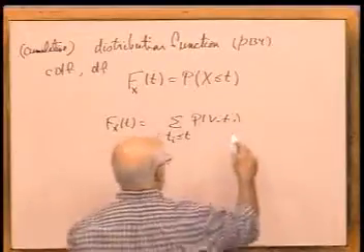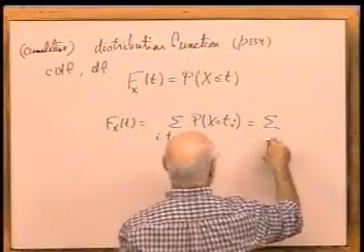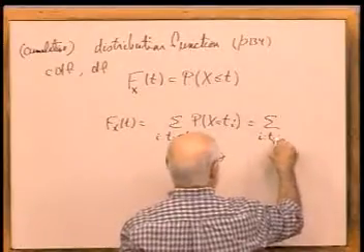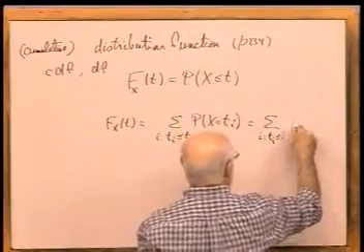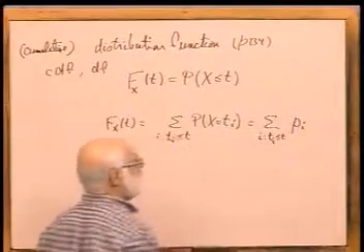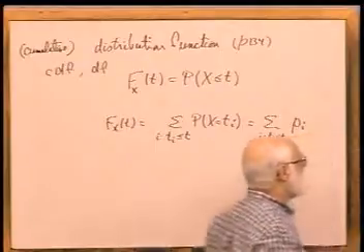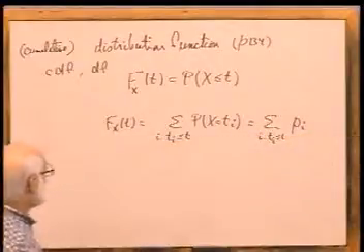Or in other words, equivalently, it's the sum over all I, such that T sub I is less than or equal to T of these probabilities P sub I. Or P sub J, as I could call it I, or I could call it whatever I call the index.